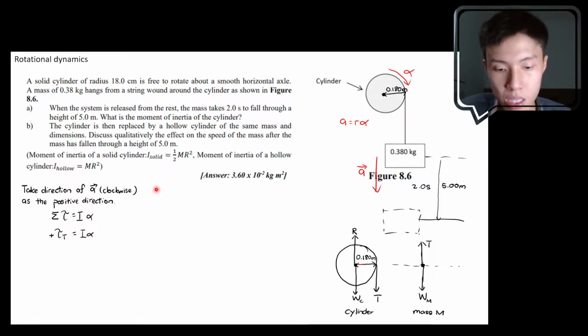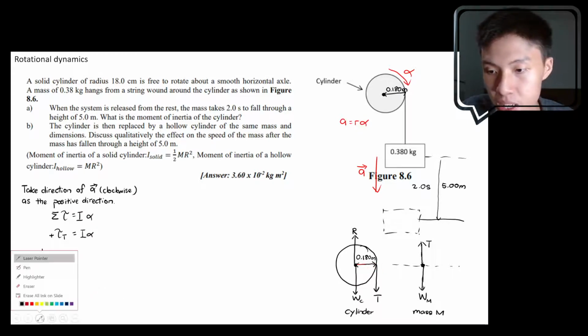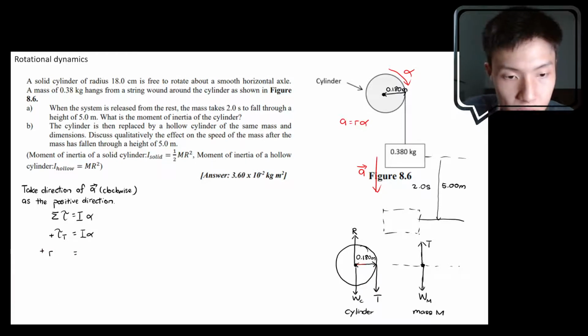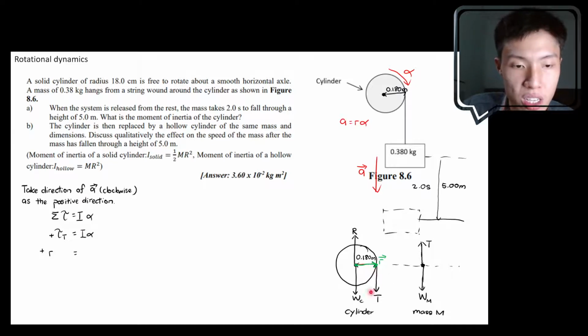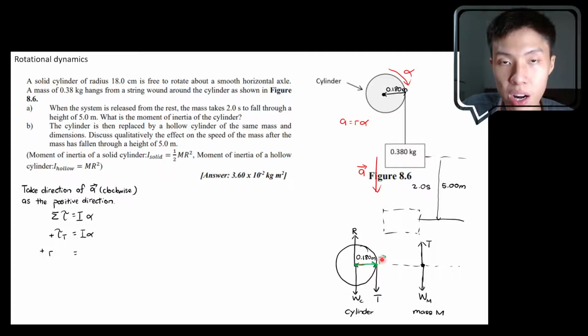Okay, so the torque produced by tension we can determine using R times, let's look at what is perpendicular to our R. Our R is pointing from the center of mass over here to the position of the force. So this is our vector R over here. So what is the component of tension that is perpendicular to R?